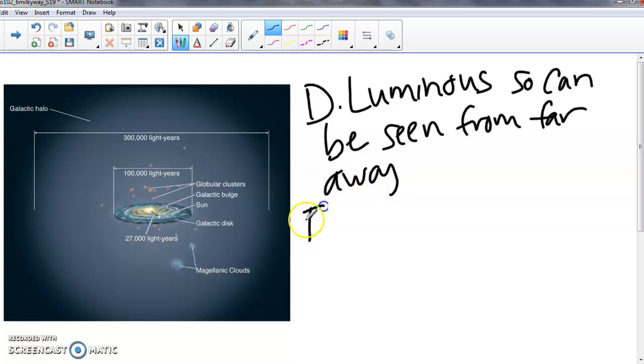And the cool thing is that because we can see them, we can map them, and we can know what the distances are to them.